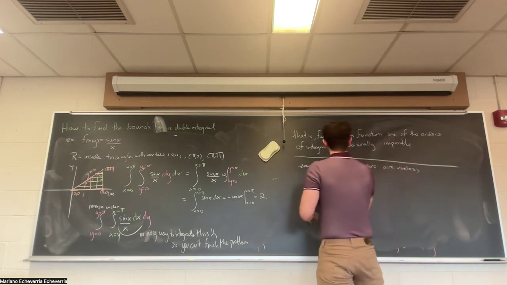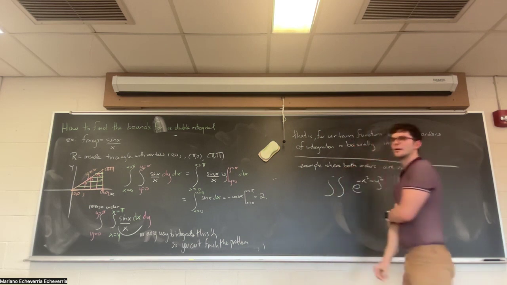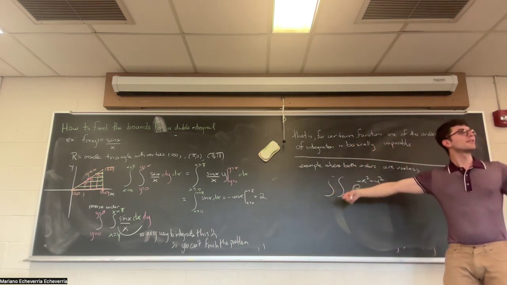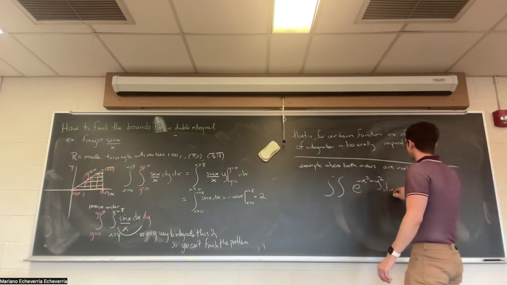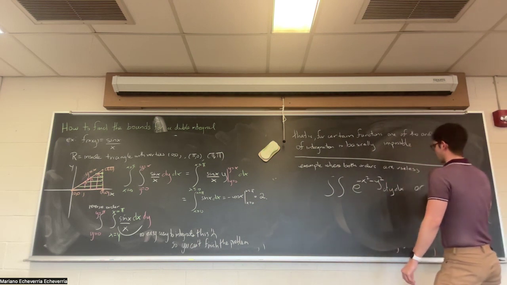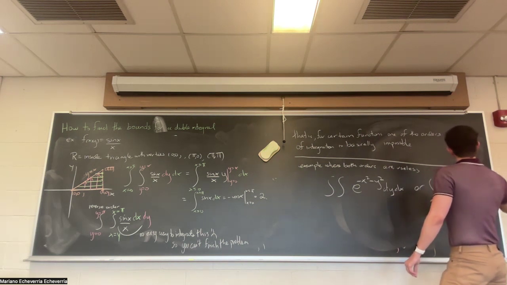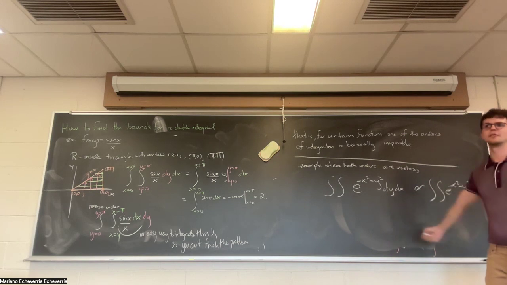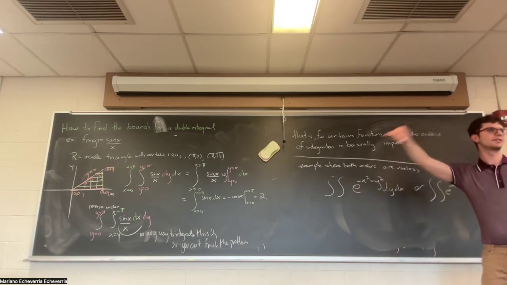If I wanted to do an integral like this, I'm not going to give you the bounds, say dy dx, this is an integral that appears multiple times in statistics and probability because that's essentially the integral that represents a bell distribution.